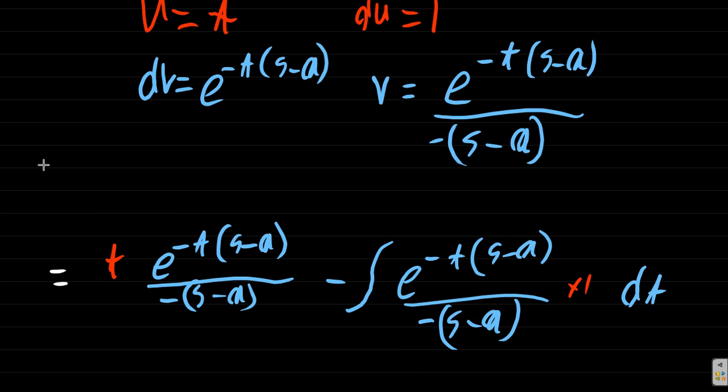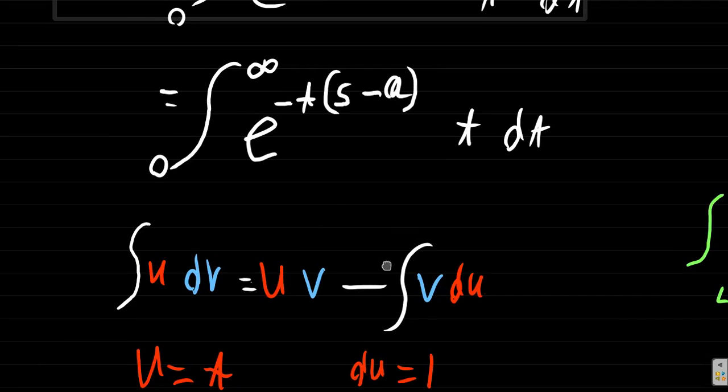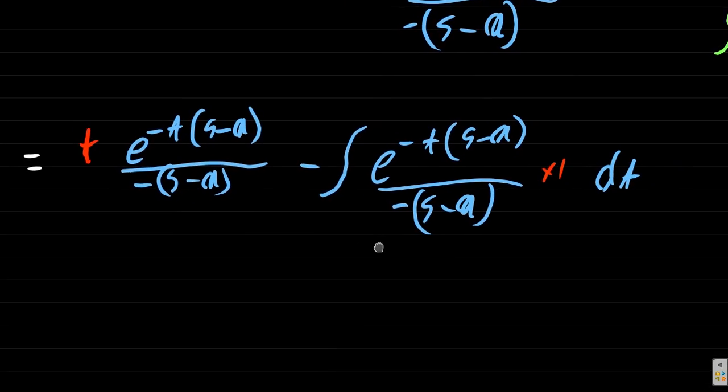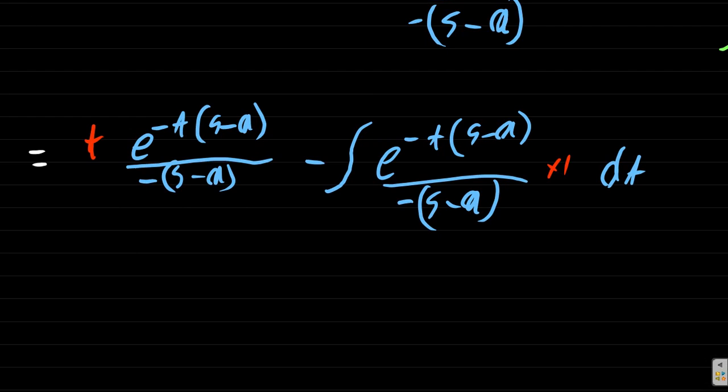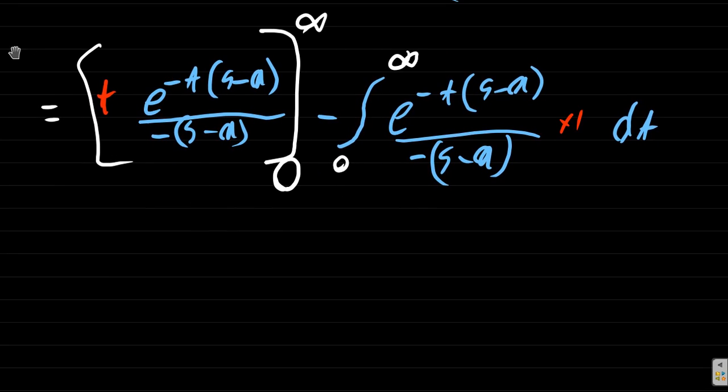All right, so let's put in the boundaries now, because remember we're going from 0 to infinity. So let's put them in. So this is equal to the upper boundary.